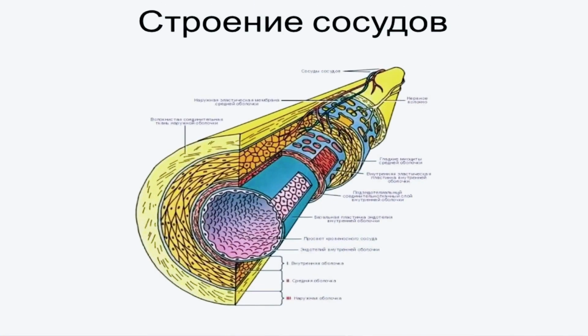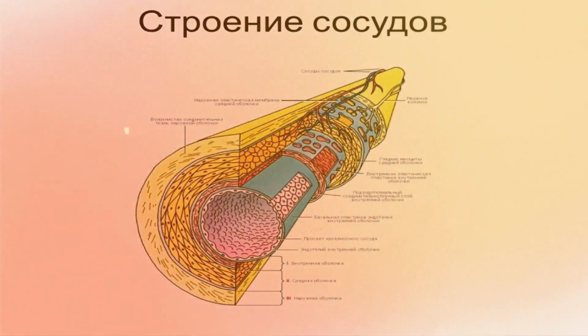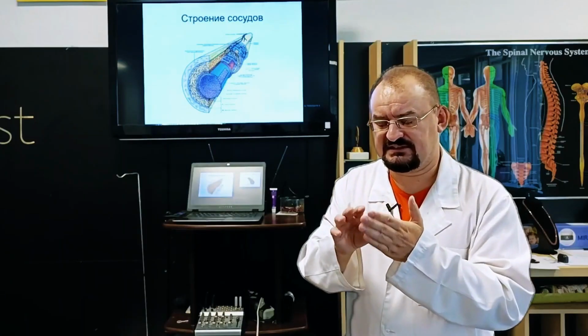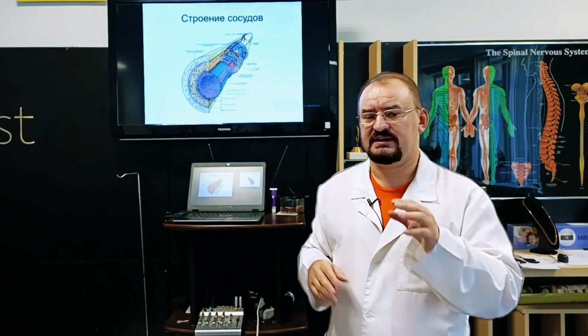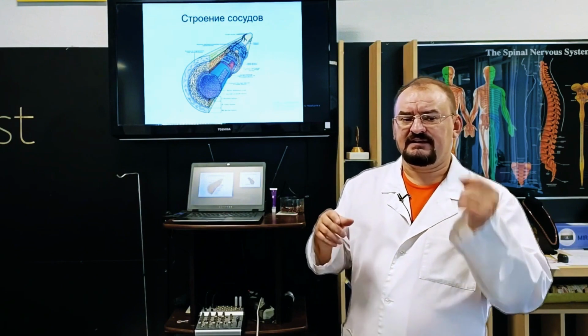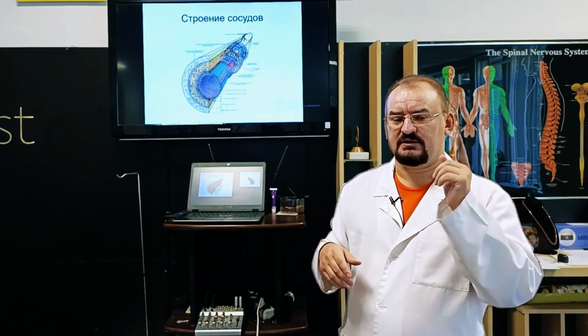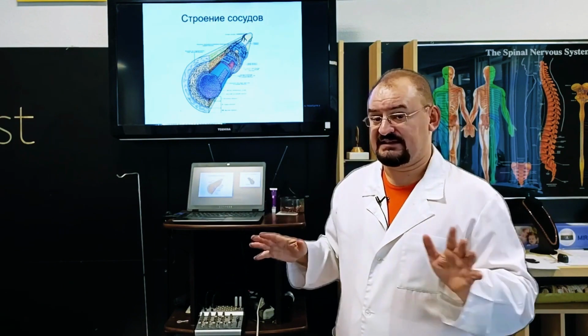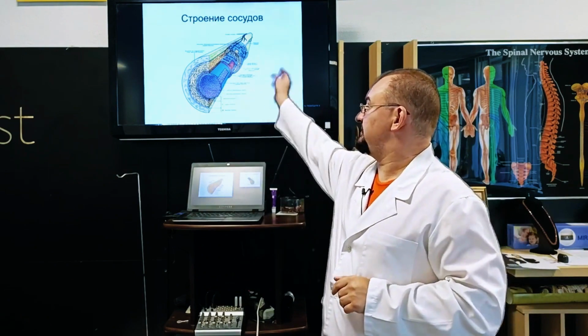Why is that? So that blood cells, erythrocytes, as they pass through the vessels, don't get scratched or damaged when they encounter any irregularities in the vessel wall. That's why the inner lining must be as smooth as possible. The outer layer provides nourishment to the vessel itself, feeding the vessel walls.